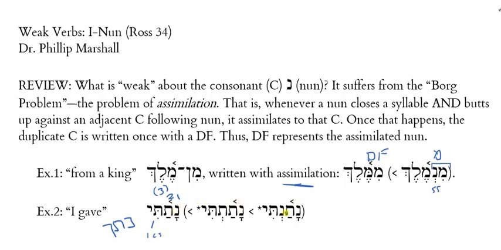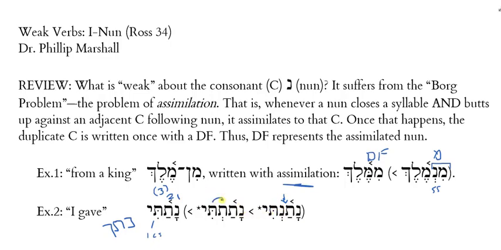Well, this is what happened to it. I had natan-t. This is what that would have looked like. The asterisk here is simply marking a theoretical form. This doesn't really occur in Hebrew, but it's what should have occurred had none of the phonetic processes happened. Natanti then undergoes assimilation. This noon right there is closing the syllable, natan, silent shewa, and butting up against the tav, and so it's going to assimilate.